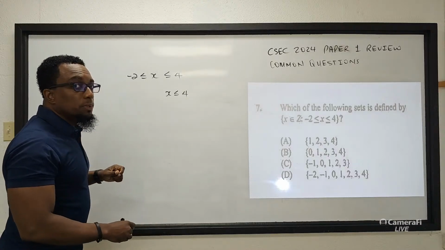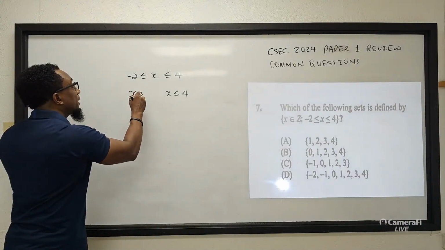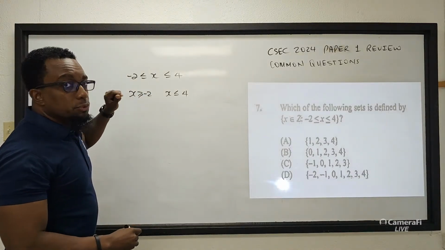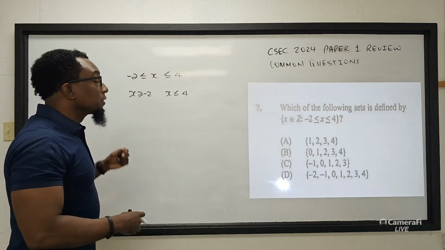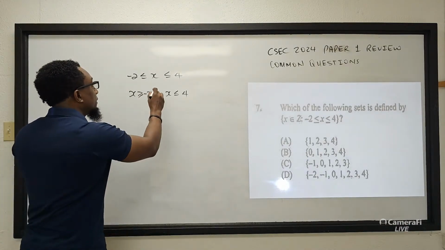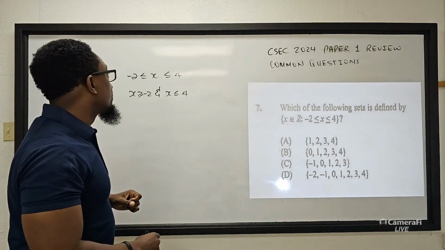And negative 2 less than or equal to x is the same as x being greater than or equal to negative 2. So this can be rewritten as x is greater than or equal to negative 2. And we'll have x is less than or equal to 4.